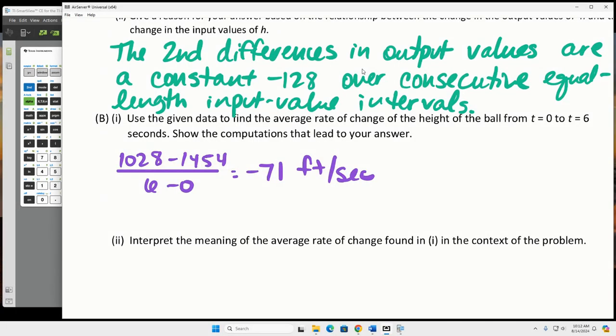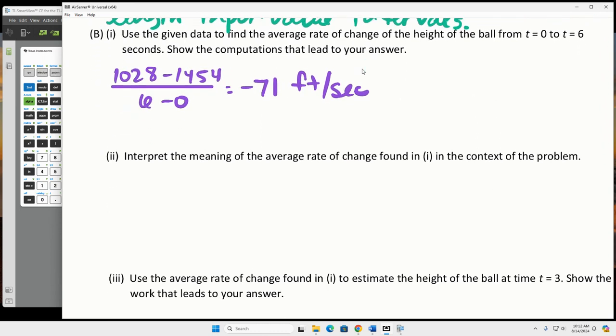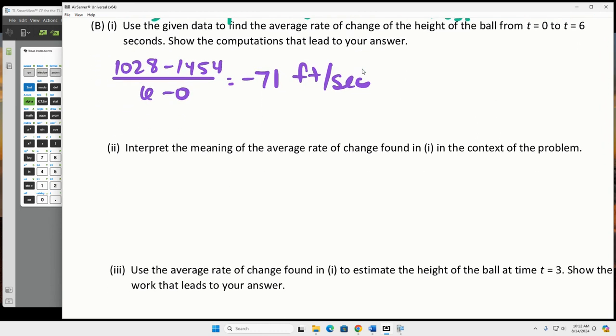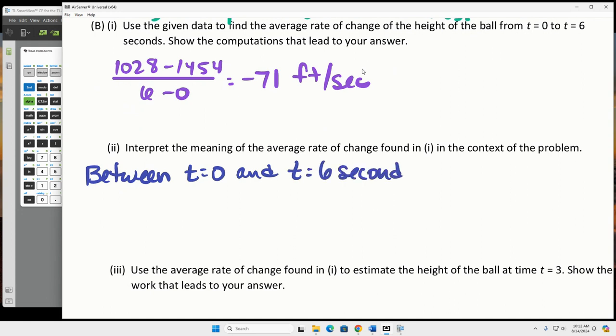All right, so now we're going to interpret the meaning. So I like to start with the time frame. So my time frame this time was between t equals 0 and t equals 6 seconds. What is it that's changing in this problem? Height of the ball.